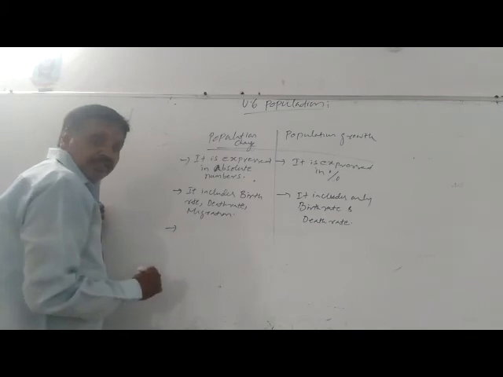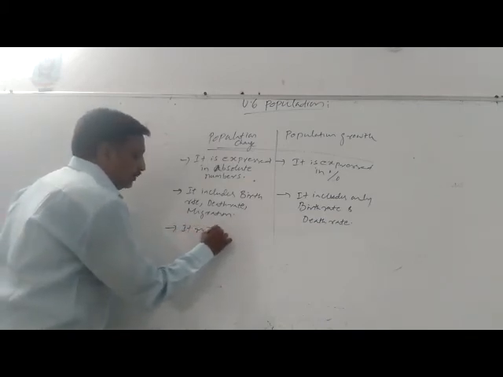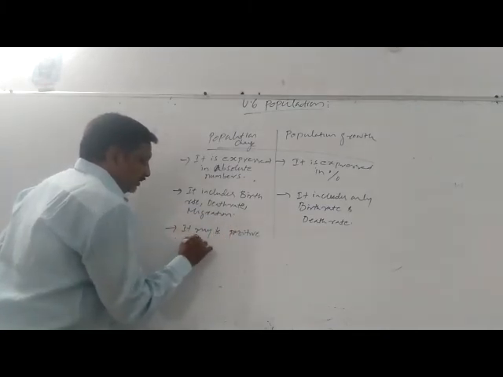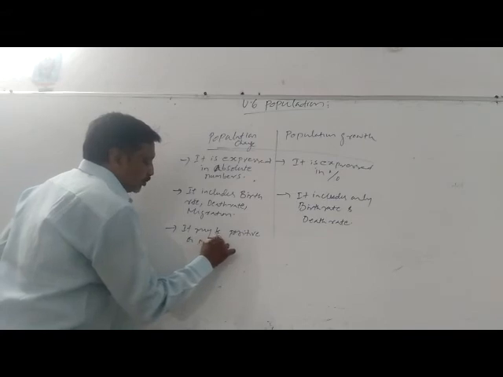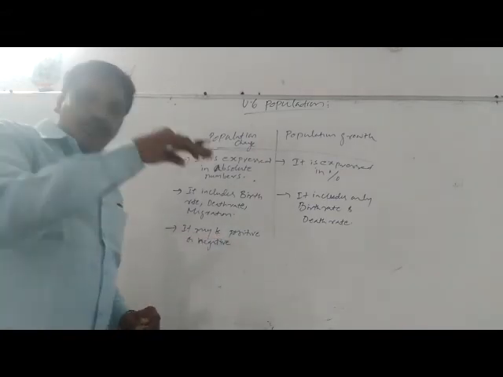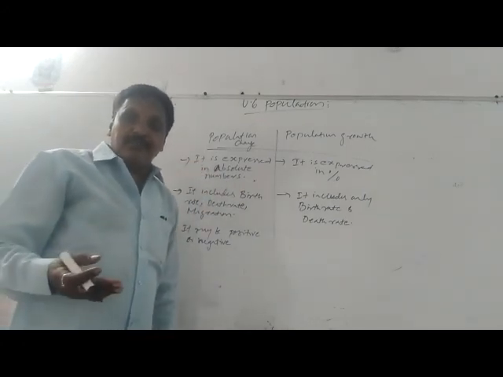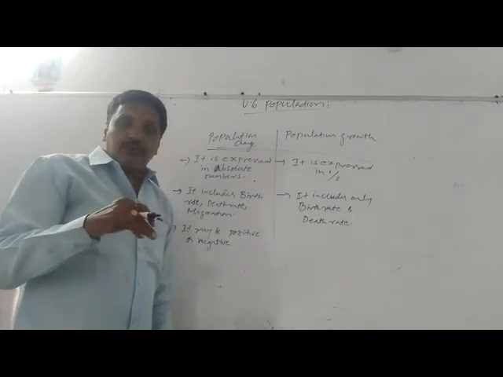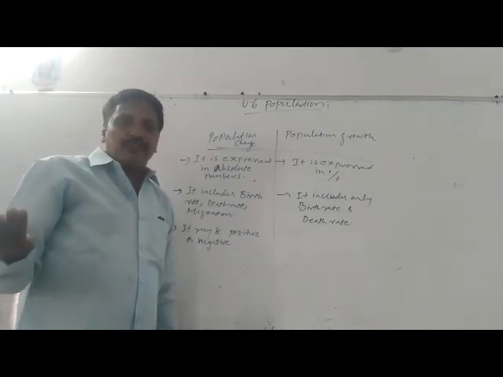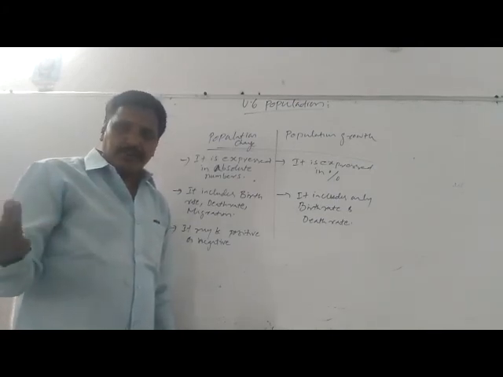Population change may be positive or negative. Certain times population may decrease also if birth rate is less, out-migration is more, death rate is more. The population falls from one year to another or one decade to another. That's negative, right?